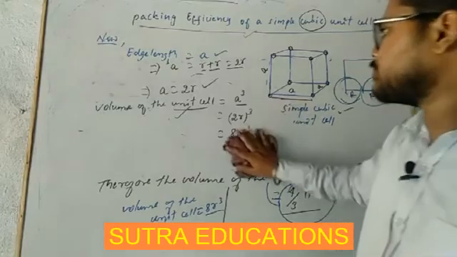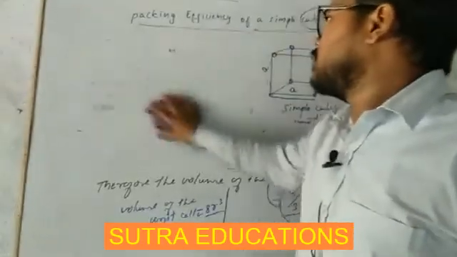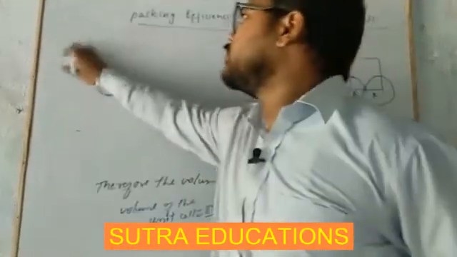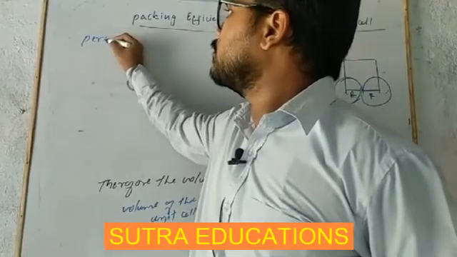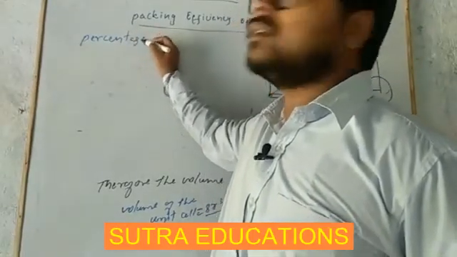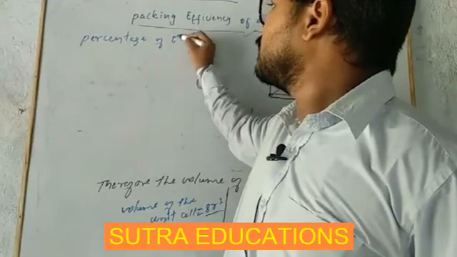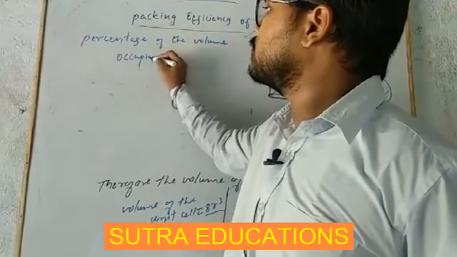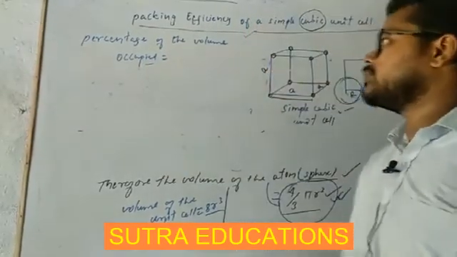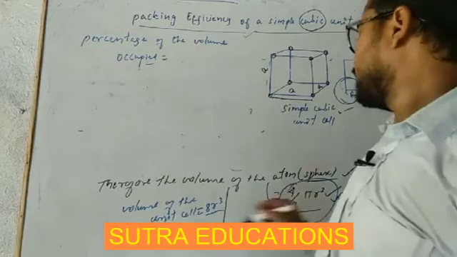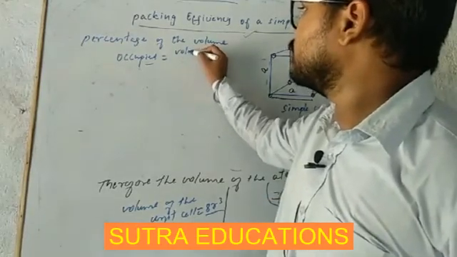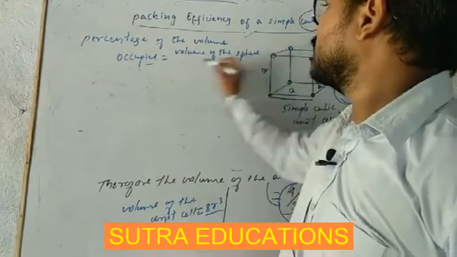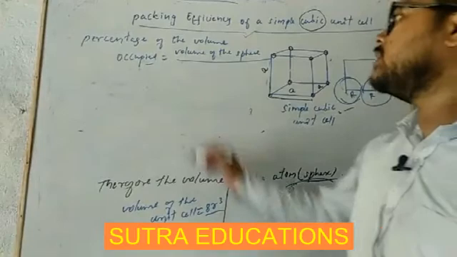Now, it is the percentage of the volume occupied, and it is equal to volume of the sphere upon volume of the unit cell.